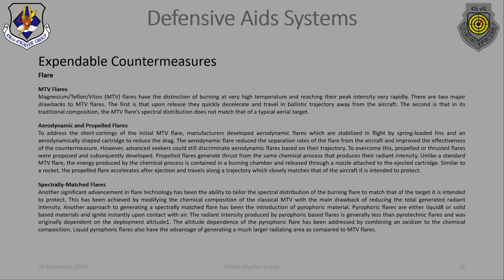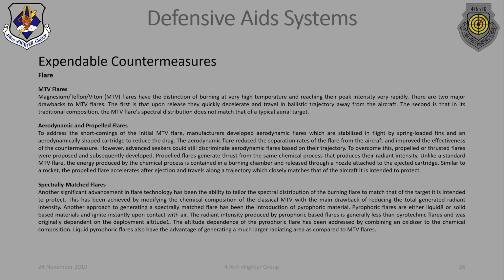Aerodynamic and propelled flares, they're your more modern variants of MTV flares. They tend to use the same materials in terms of what burns, but they normally come in a sort of airframe, for want of a better term, essentially looking like a little dart, so they'll have fins on them so that they're more streamlined and fly along with the aircraft for longer.